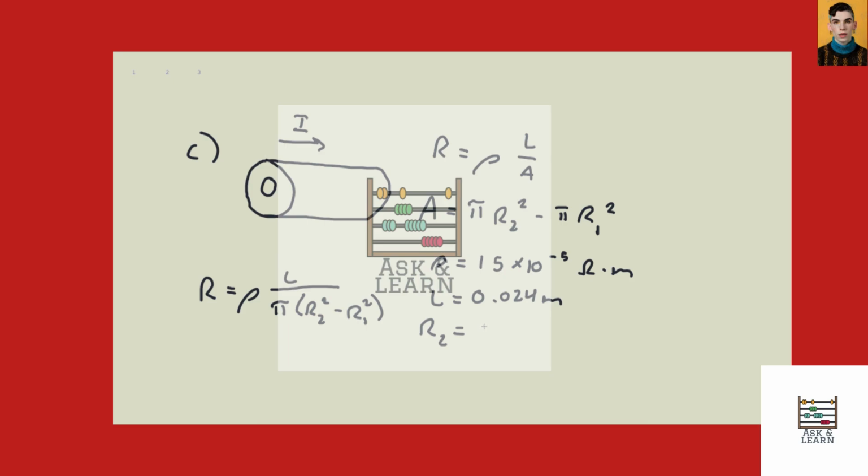So R2 is equal to 1.8 times 10 to the minus 3 meters, while R1 is equal to 1.0 times 10 to the minus 3 meters. And if you plug all of this in, you should find that our resistance R is going to be 0.51 ohms.